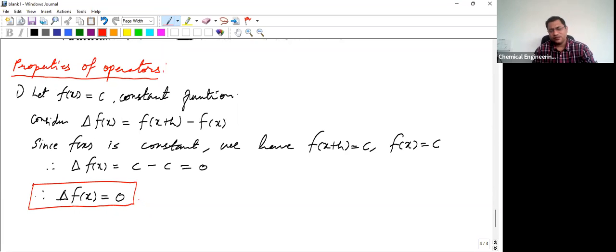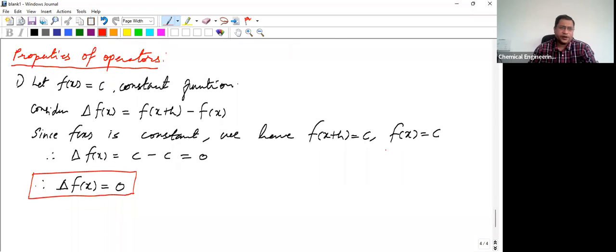Because the previous value is the same as the current value. Here, the next value is the same as the current value, and that's why the forward difference as well as the backward difference is going to be 0. Moreover, these differences are linear operators.